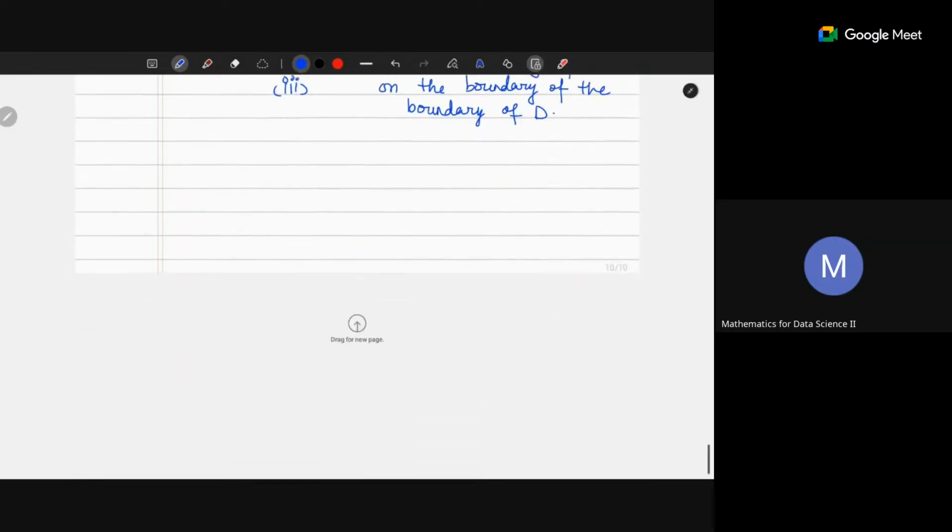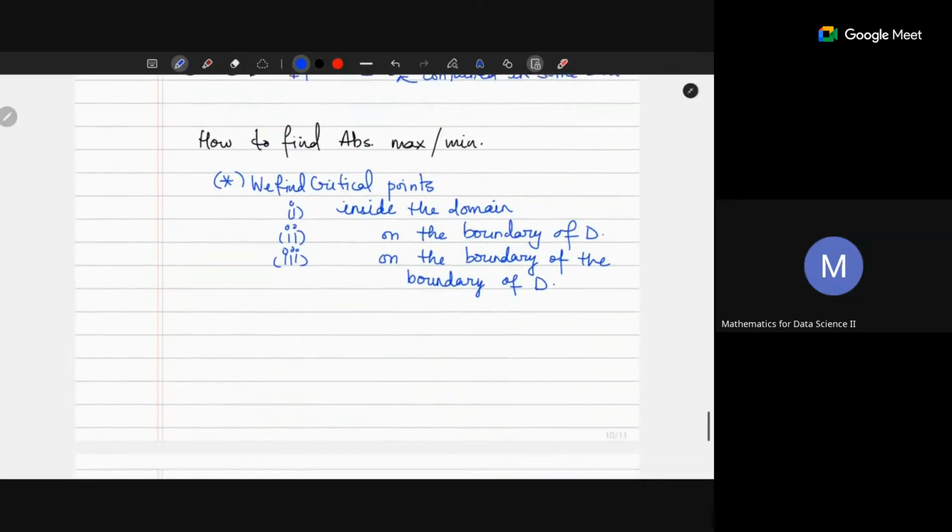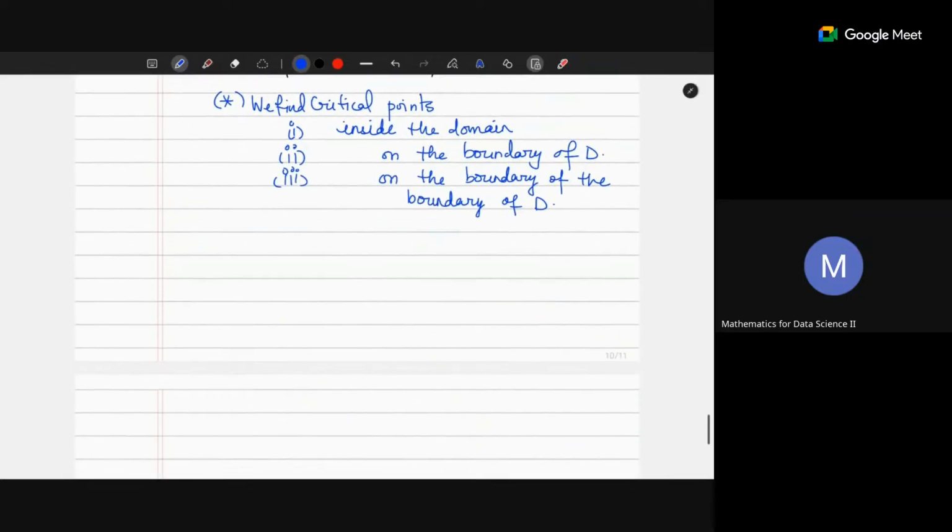Okay, so let me give you an example of such a domain to help you understand this.